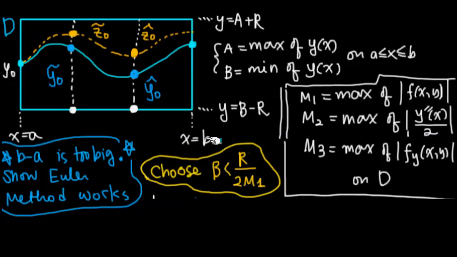So B minus A is probably a lot bigger than this one, so we can only apply our special case to this value here, which is the beta. I can choose this beta as long as it's smaller than this bound. So you can choose some real number such that B minus A is exactly an integer multiple of beta, so that when you repeat this special case a couple of times, you're not left with some odd-sized chunk.